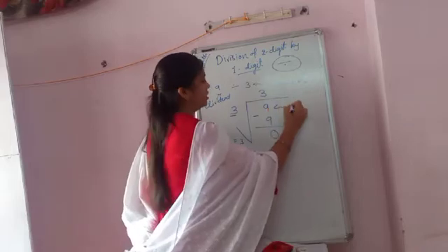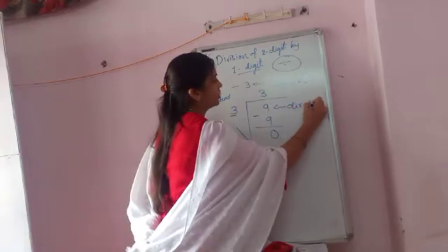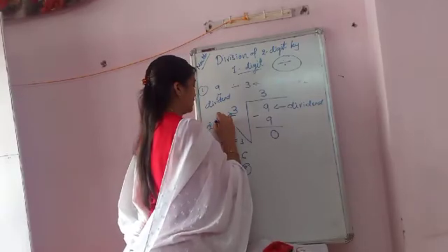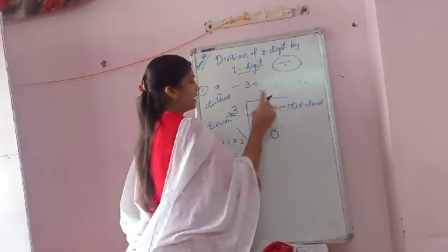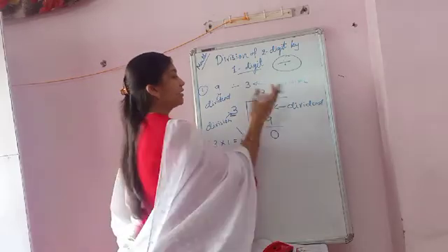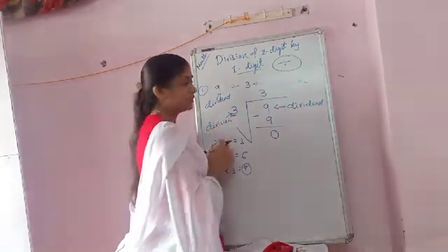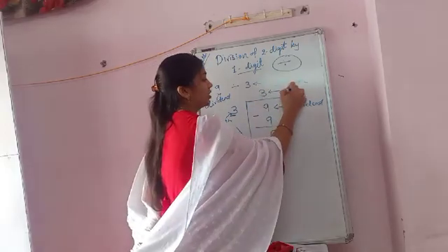So this is the dividend. This is the divisor, and whenever we divide the dividend by the divisor, then we get the quotient.